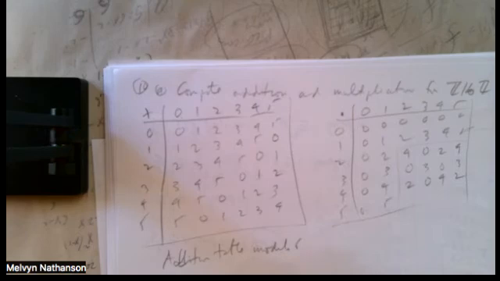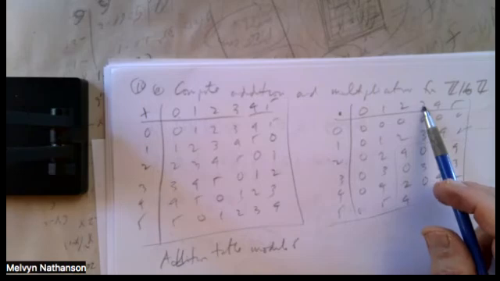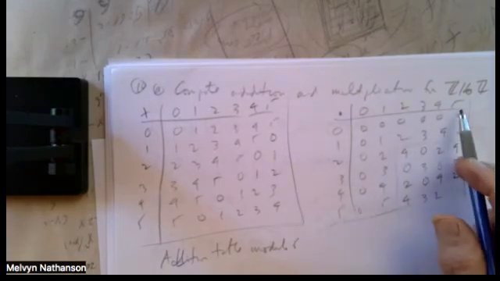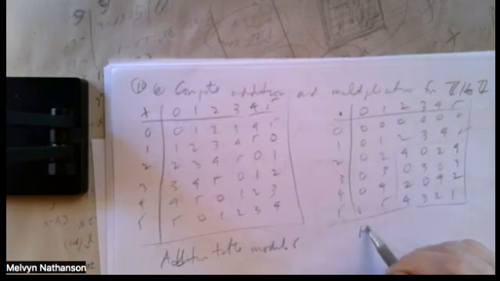And 4 times 5 is 20, which is 2 mod 6. 5 times 2 is 10, which is 4 mod 6. 5 times 3 is 15, that's 3 mod 6. 5 times 4 is 20, that's 2 mod 6. 5 times 5 is 25, which is 1 mod 6. So this is the multiplication table.